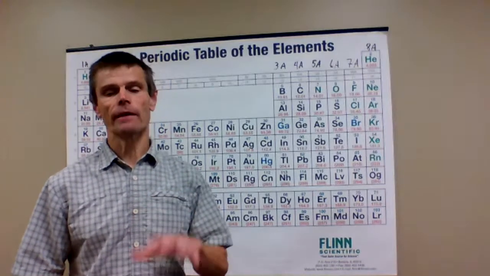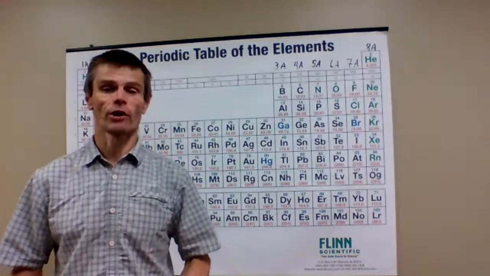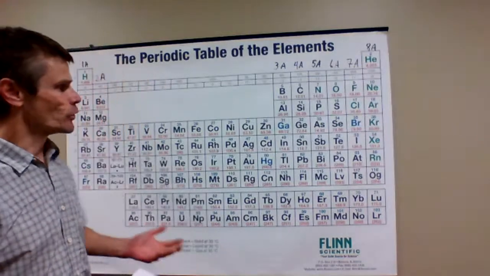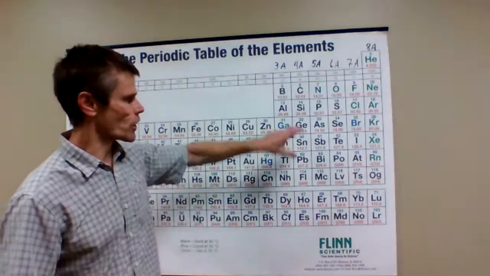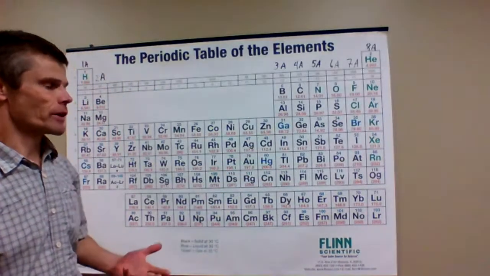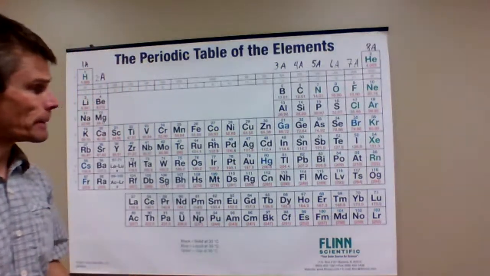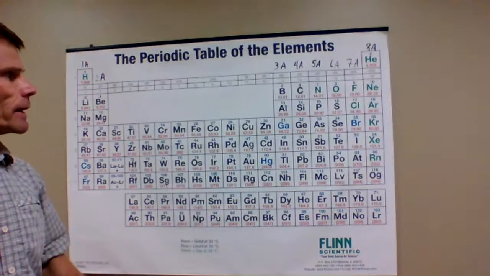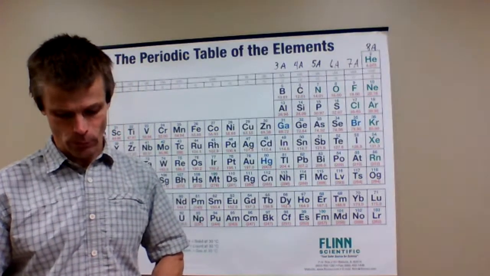Now, the periodic table I have listed on my PowerPoint has a color coding associated with it. Normally, we don't get that. Normally, it's black and white. There might be some different colors of the letters, which tells us a little something about the physical state of that particular element. But we do need to understand the positions of these elements on the periodic table.